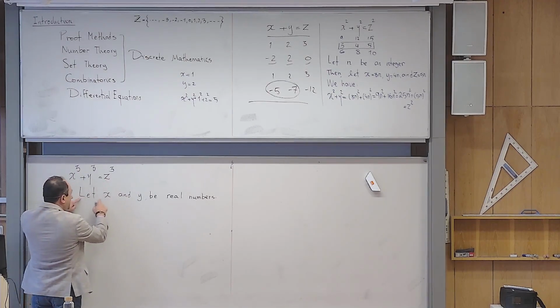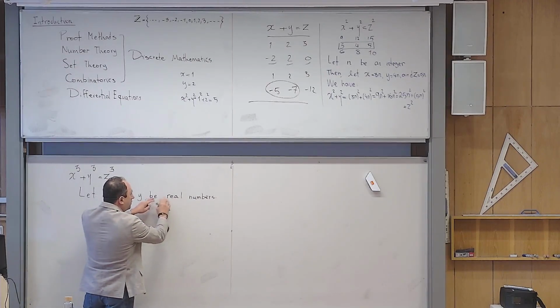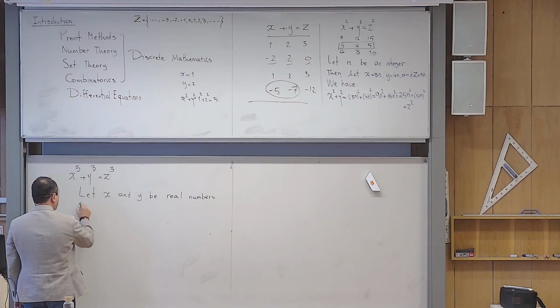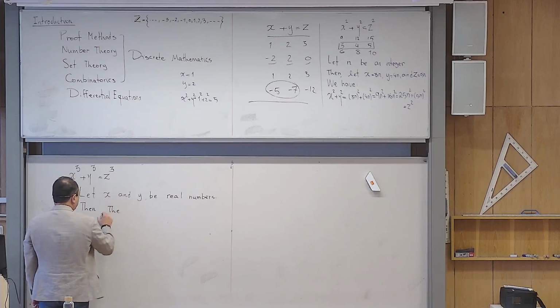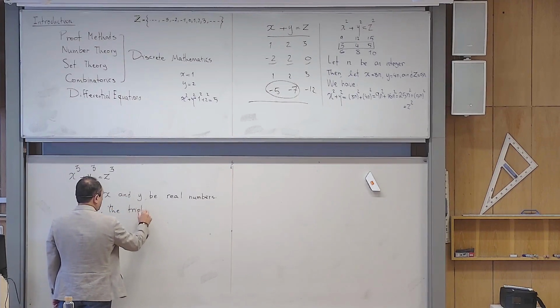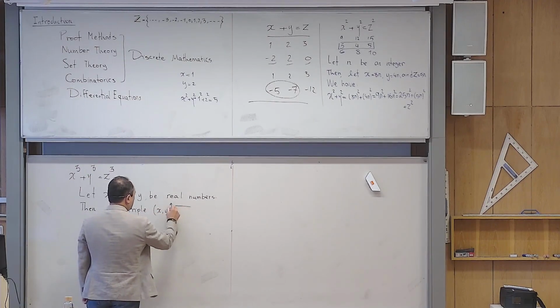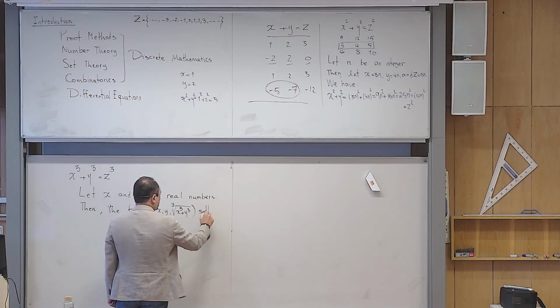So I would say let x and y be real numbers, or you can say be arbitrary real numbers. Then the triple x, y, and the third root of x cubed plus y cubed satisfies this equation.